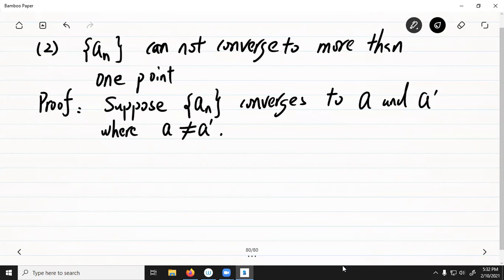So based on this, we want to derive some contradiction. Here, A and A prime are two arbitrary numbers. So we must have an order, right? Which one is bigger, which one is smaller? Let's determine it. Let's assume, without loss of generality, that A is less than A prime.